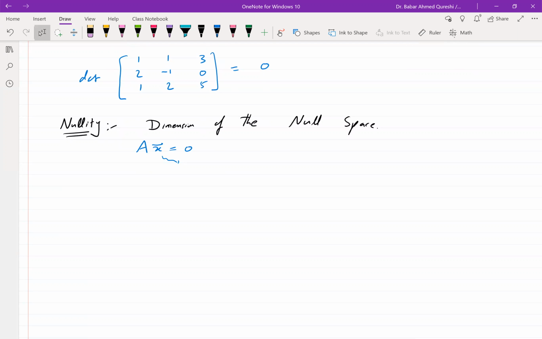So how can I find the dimension of the null space? You can go to the reduced echelon form to find the dimension of the null space. So we know that if I do row operations, the solutions do not change.